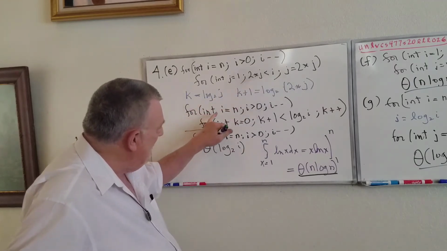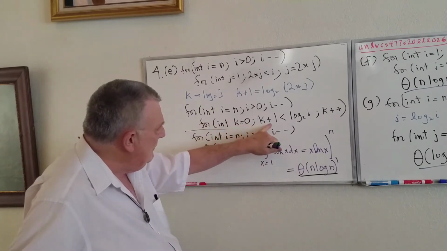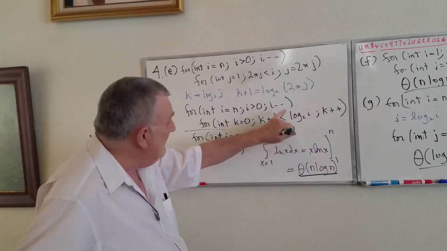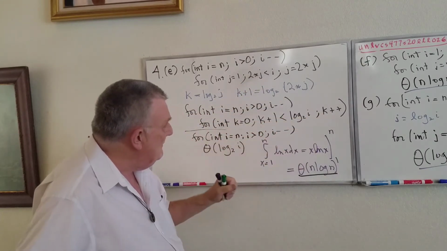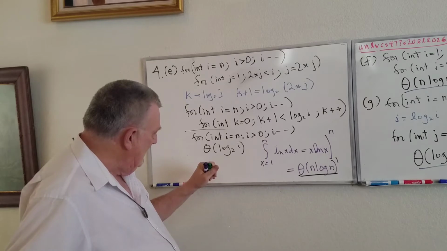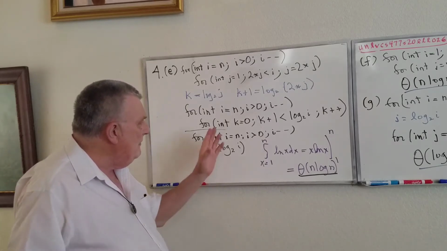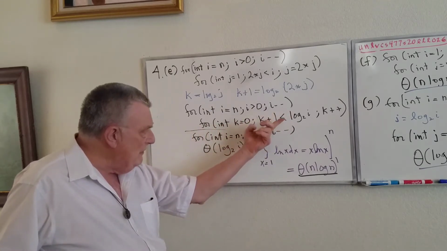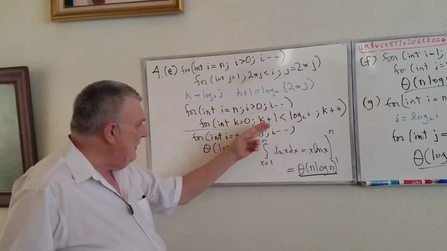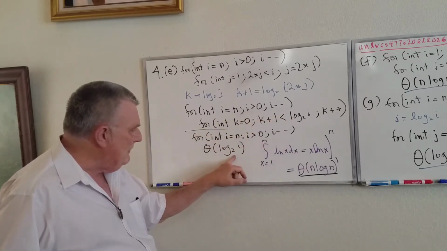Now here we'll replace this as k goes from 0 up to, well, we have to say k plus 1 less than log i because of this. And then we say k plus plus. Now, using the rule that when we increment starting from 0 going up to log i, one at a time, it's theta of this minus that. So log 2i minus 0, that's log 2i.